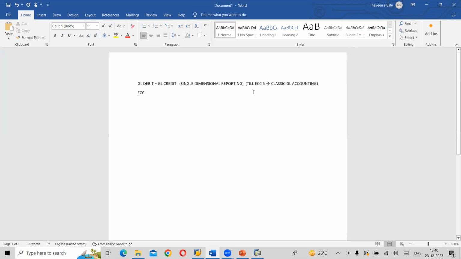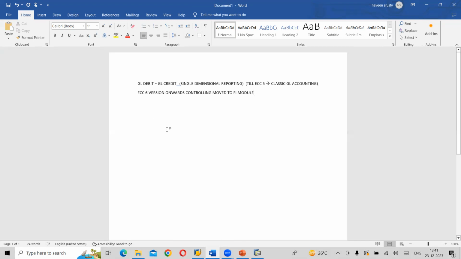In classic GL accounting, we can find only the balances as per the GL wise, nothing else. GL debit equals GL credit. But from ECC 6 version onwards, the controlling area moved to FI module.